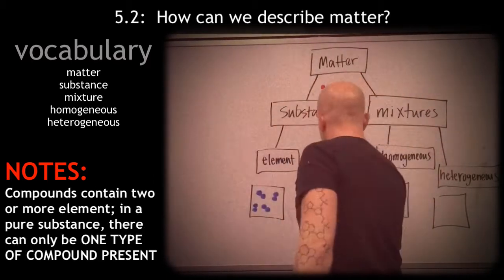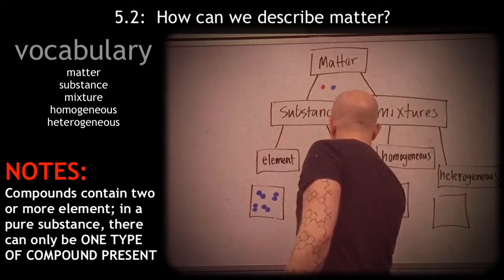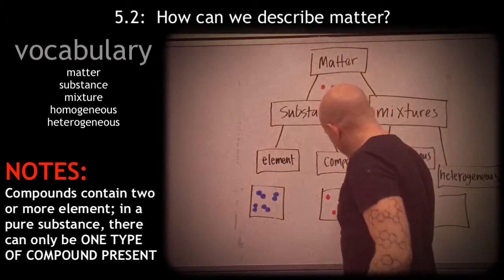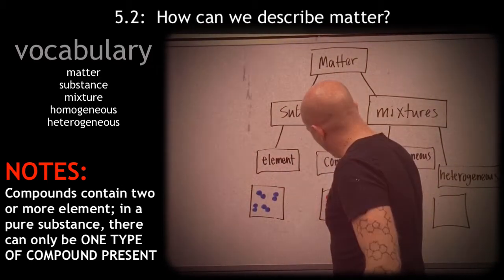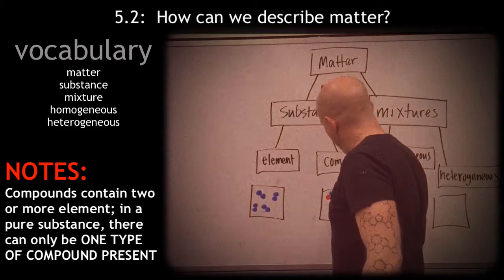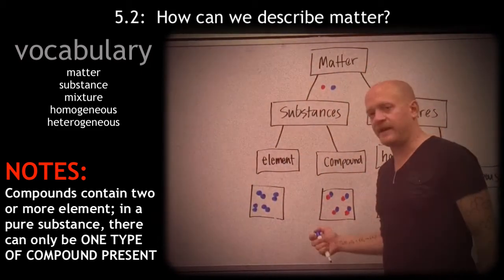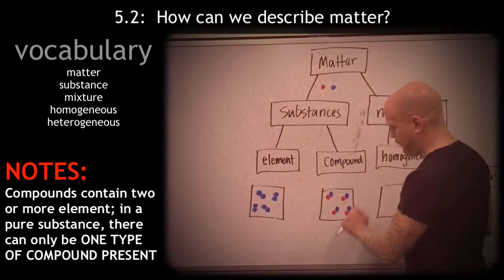Now a compound is slightly different. A compound, if you recall, is two or more elements that are chemically combined. This is a pure substance because it's only the red-blue. This is red-blue, red-blue, red-blue, red-blue.